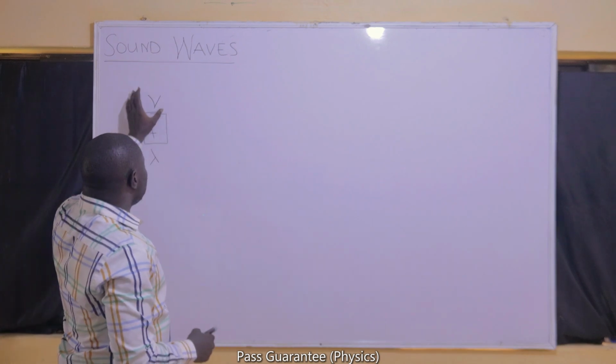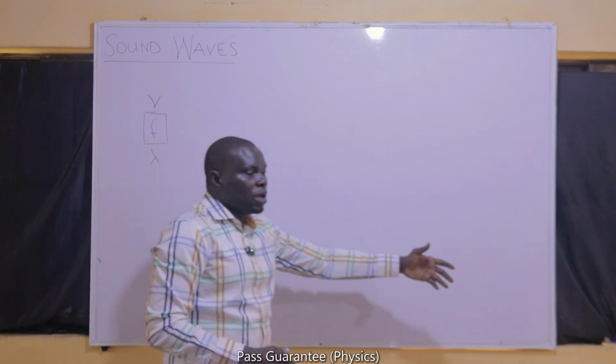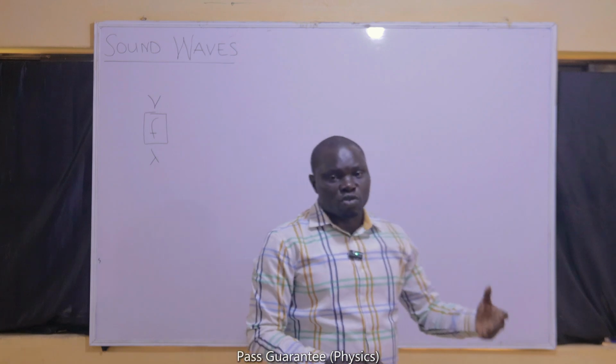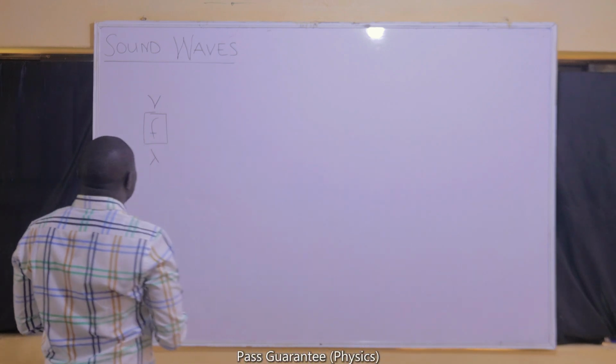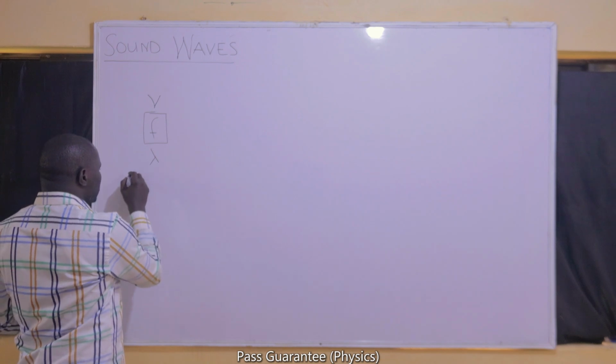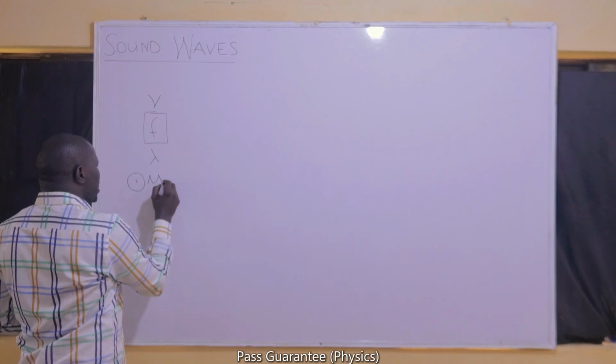Velocity of sound is the speed with which sound moves through a material. The velocity of sound is usually affected by, number one, the medium through which the sound is traveling.